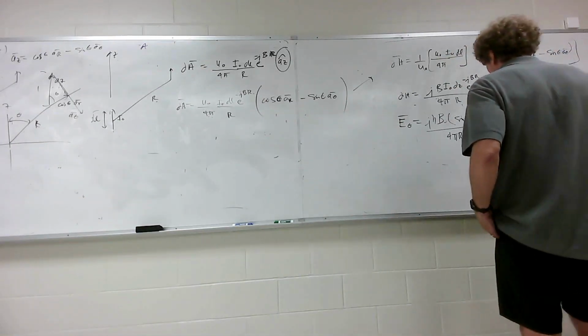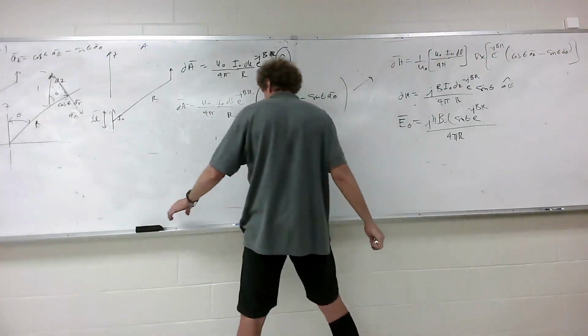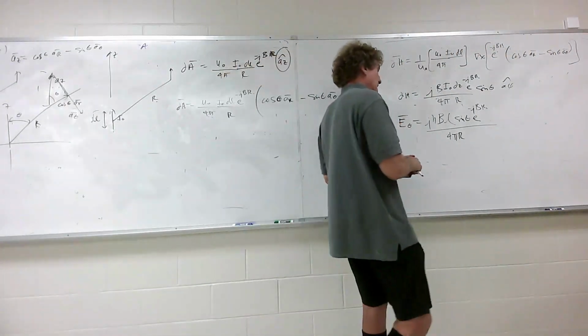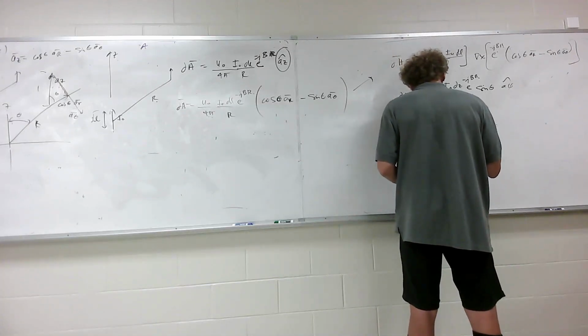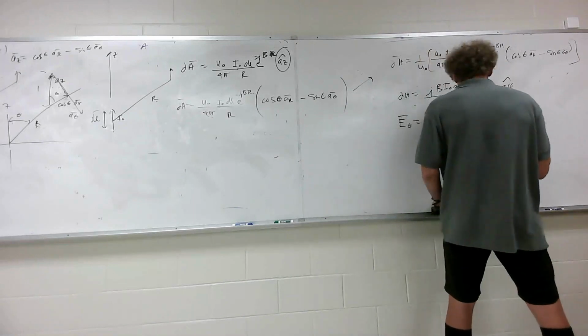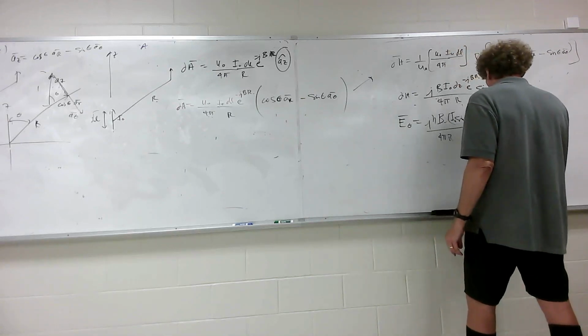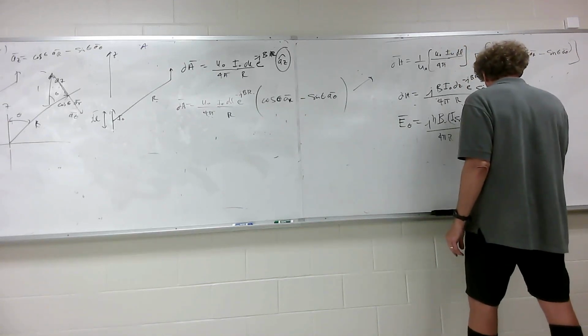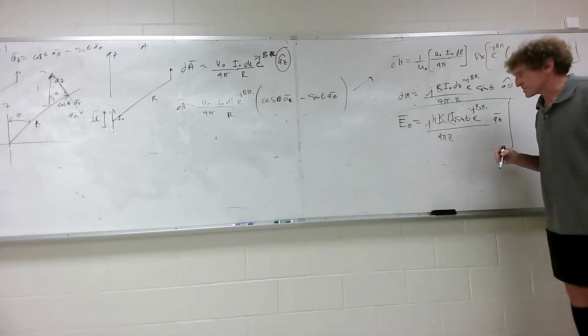He leaves the 4 pi in there. You can actually get rid of some of the stuff with beta and beta, but he has it over 4 pi r. And then it's going to be times I naught on top, and it will be in the A theta direction. So that's the E field from a short dipole.